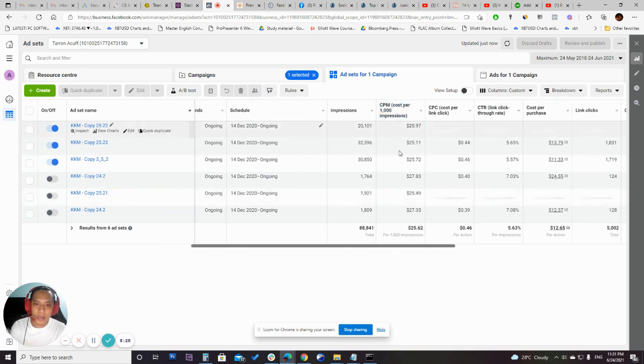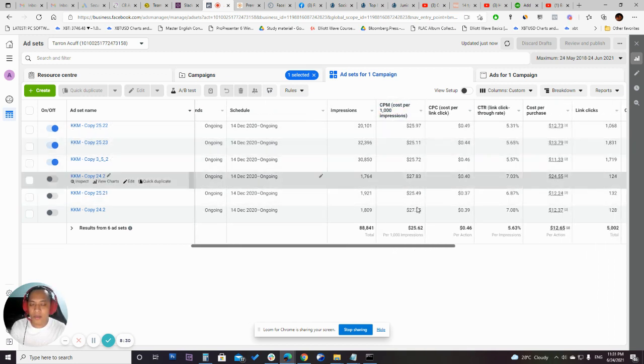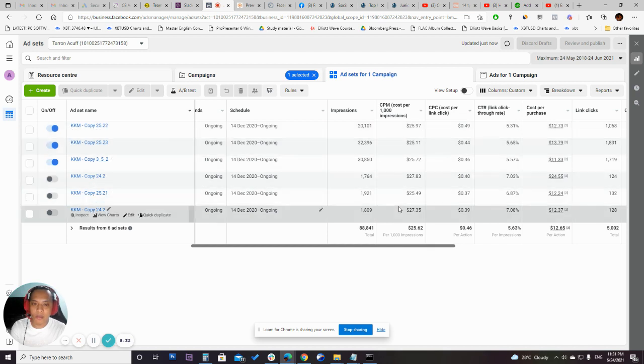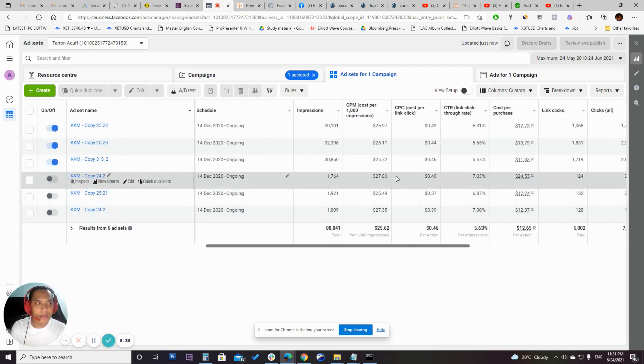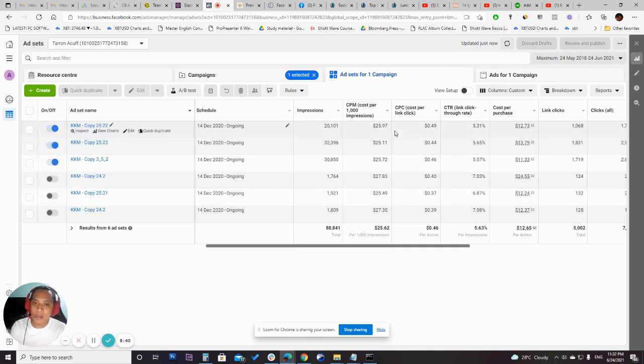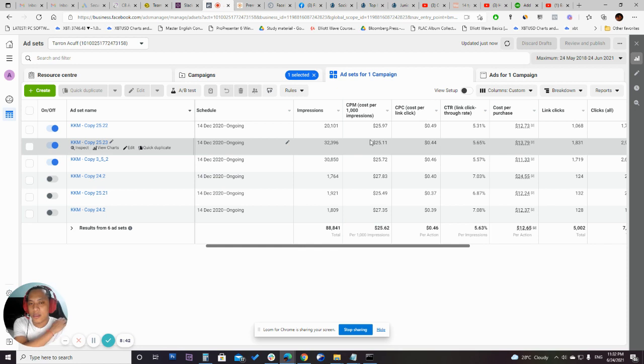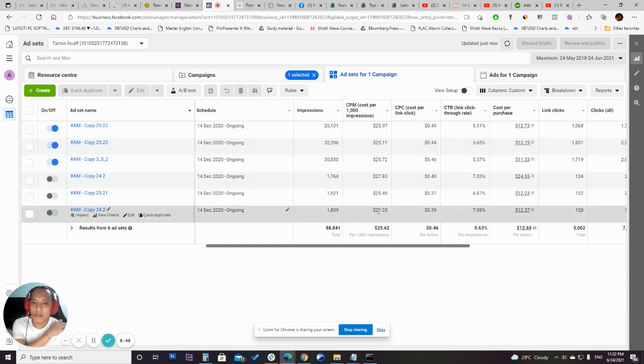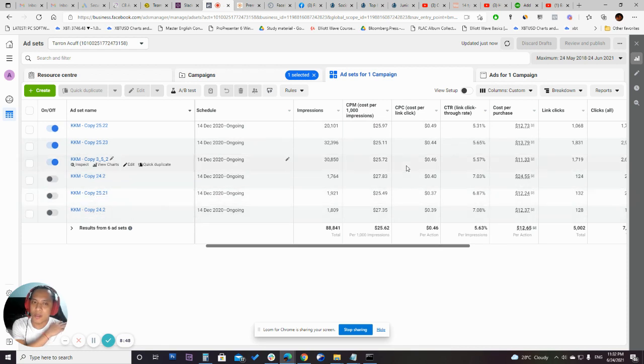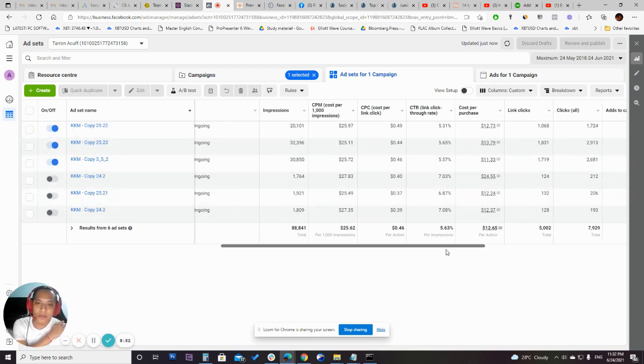For the CPM, this metric is quite subjective, because CPMs are cost per 1,000 impressions, but around $25 is good for me. Around 25 to $30 around that area.